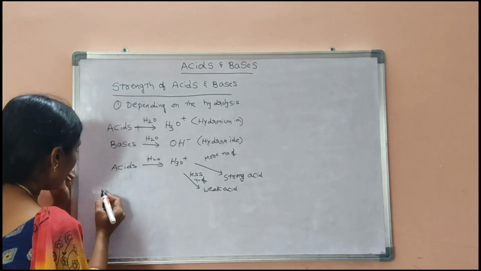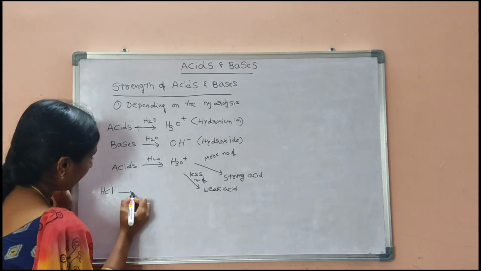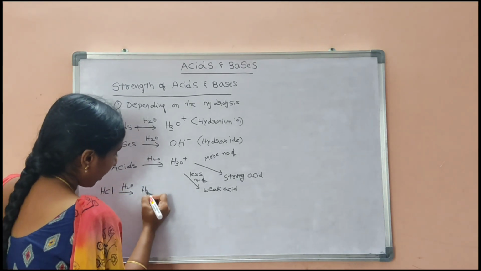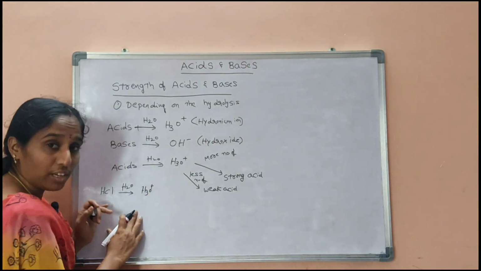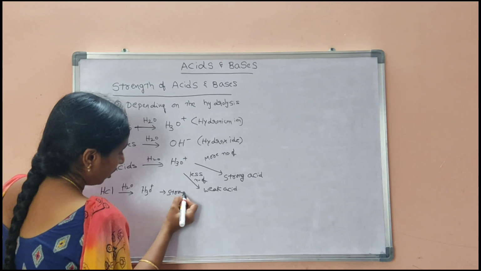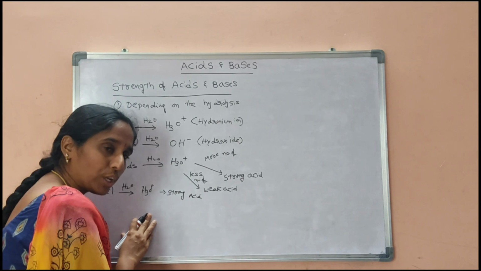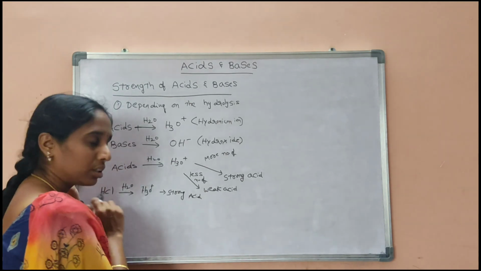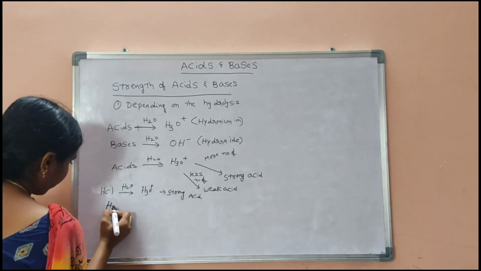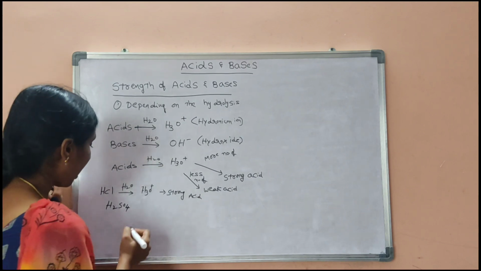For example, HCl means hydrochloric acid reacts with water to form more number of hydronium ions. So it is a strong acid. Why? It produces more number of hydronium ions when reacted with water. Next example, H2SO4 means sulfuric acid.